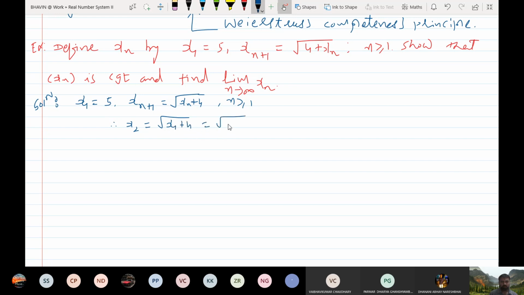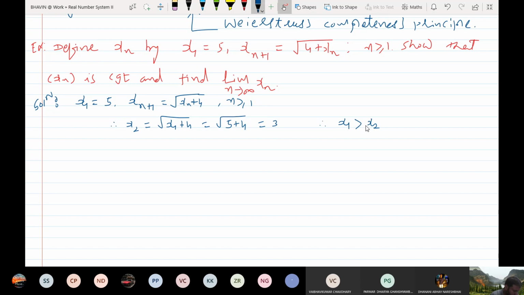So x1 is 5, so this is 5 plus 4, that is 9, and root of 9 is 3. So x1 is 5 and x2 is 3. So x1 is greater than x2. From this you can judge that the sequence should be monotonically decreasing as terms are decreasing.